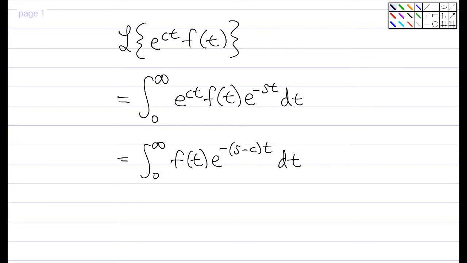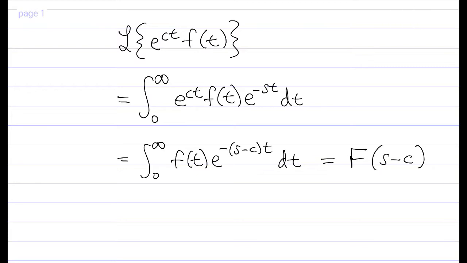Well, s and c are constants in this integral, therefore this integral equals capital F of s minus c. Here, capital F is the transform of little f. The only thing that's different, instead of having F of s here, we have F of s minus c.